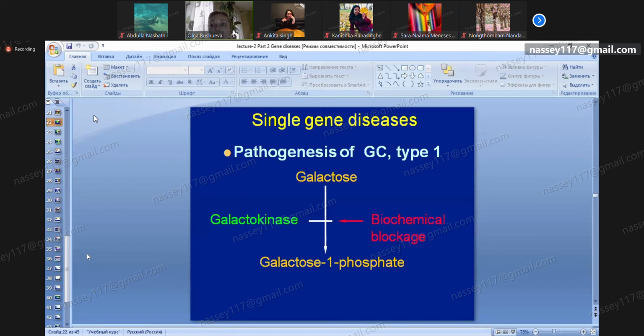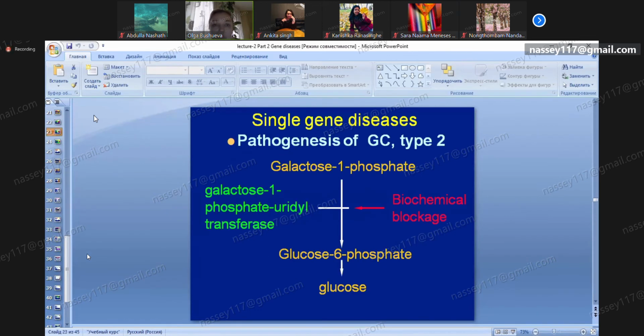First type of galactosemia is associated with mutation in the gene encoding galactokinase. This enzyme converts galactose to galactose 1-phosphate. Second type of galactosemia is associated with mutation in the gene encoding galactose 1-phosphate uridyl transferase.